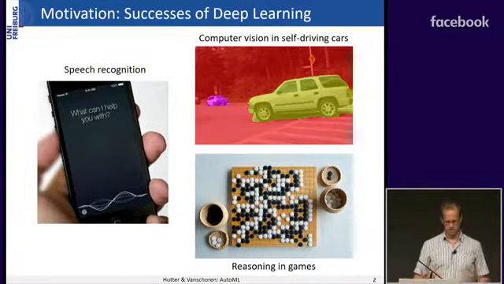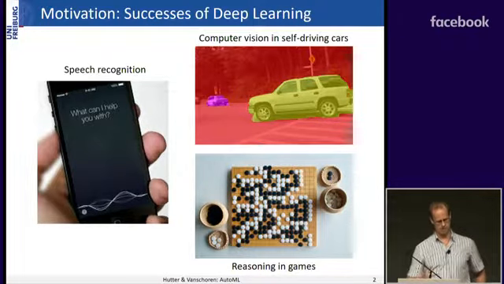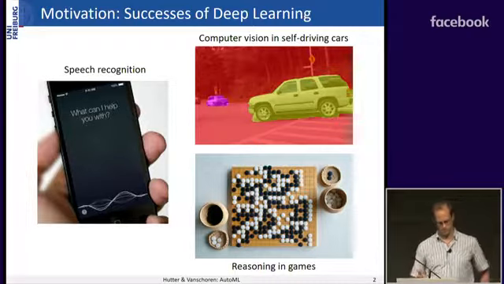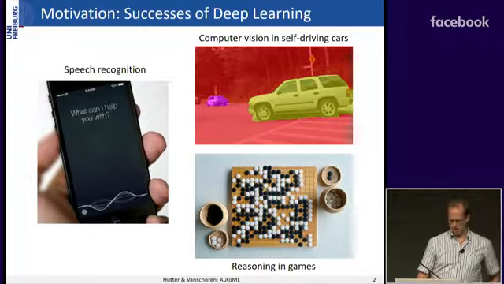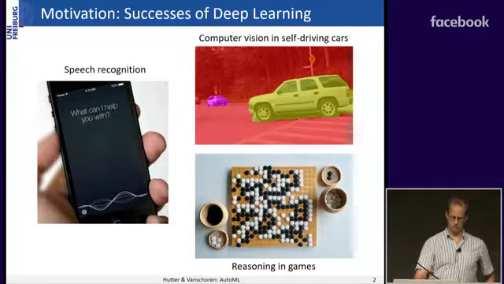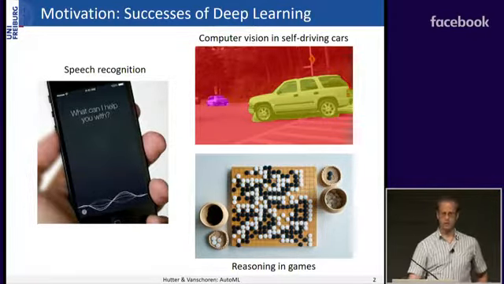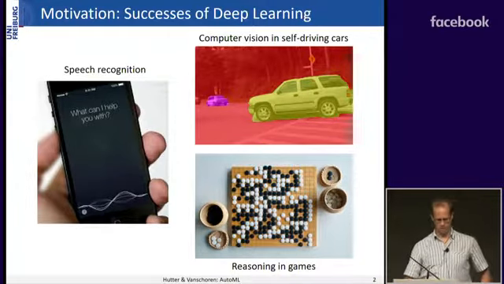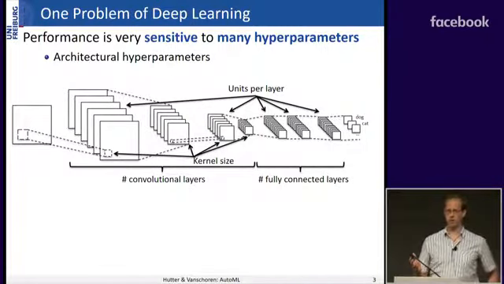We've seen tremendous progress in speech recognition and computer vision for self-driving cars, in reasoning and games, and deep reinforcement learning, etc. But all these advances are based on expert knowledge of some very brilliant people who have gathered a lot of expertise in deep learning and know how to set all the hyperparameters.